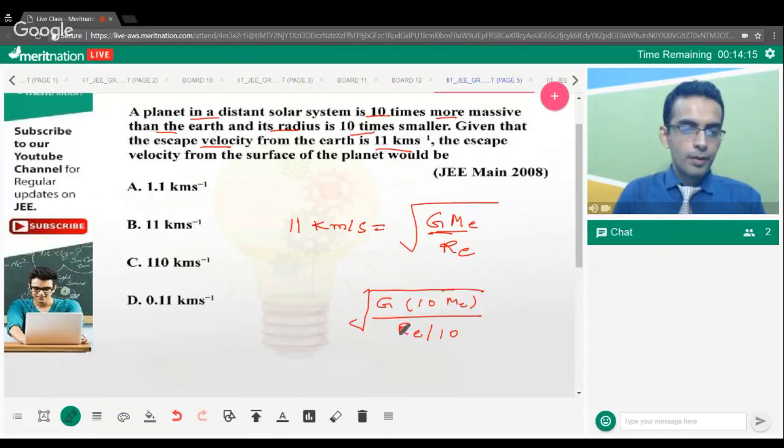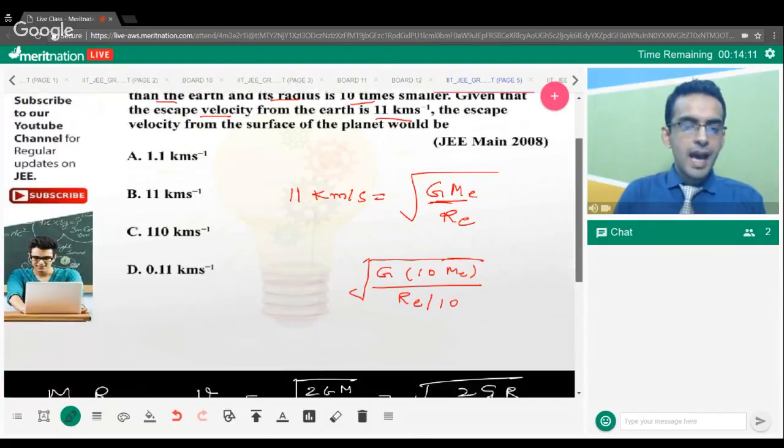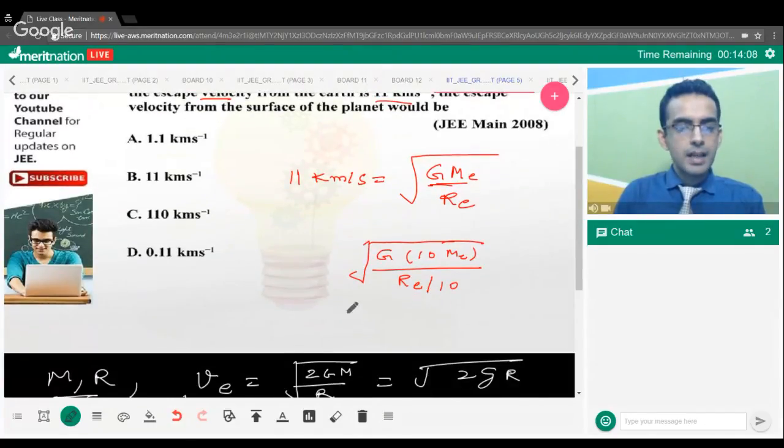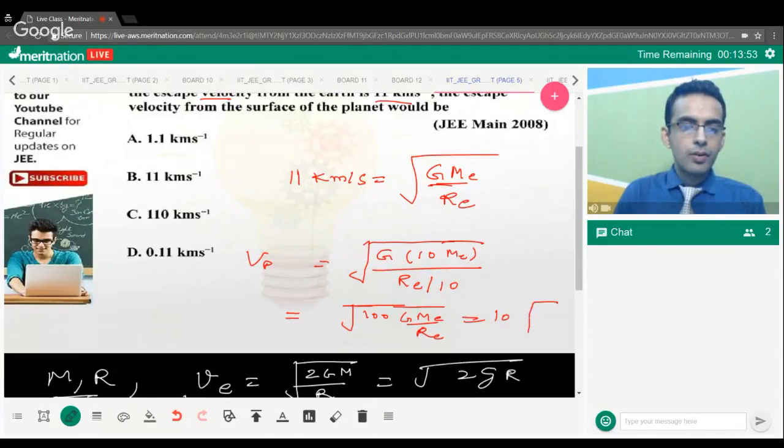Okay. So from here, you can see that this is the escape velocity for the planet. So it becomes 100 times GMe by Re, so 10 times that of root GMe by Re.